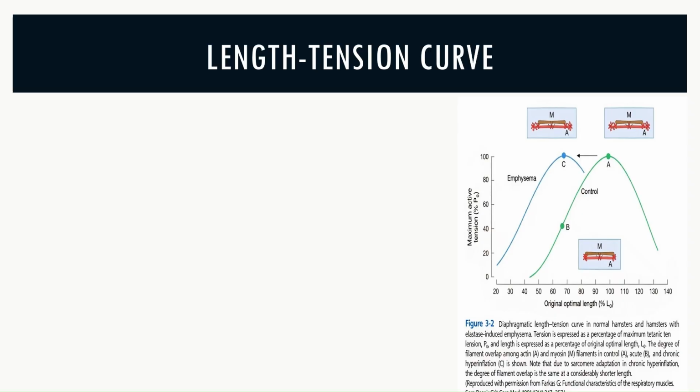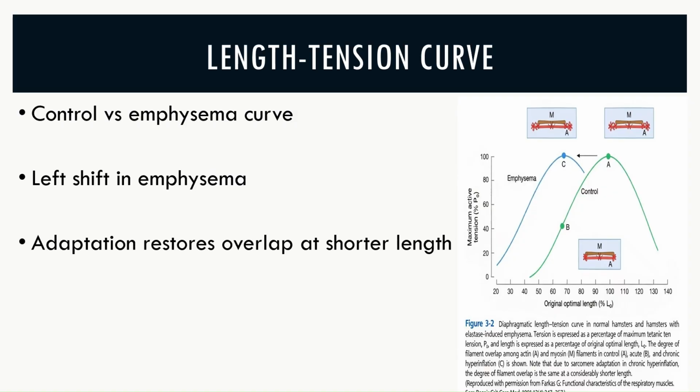Length-tension curve. The length-tension curve shifts in emphysema. In chronic hyperinflation, adaptation allows optimal filament overlap to occur at shorter muscle lengths, partially restoring function.